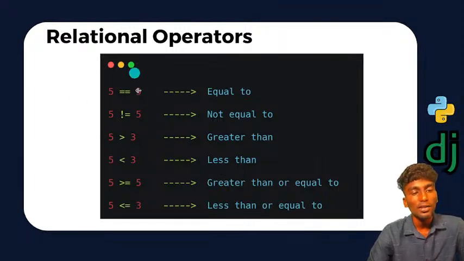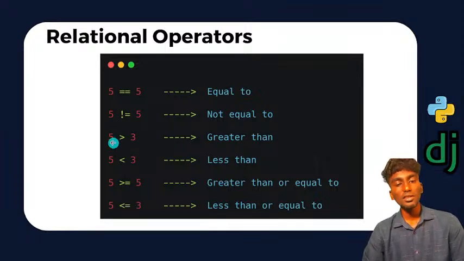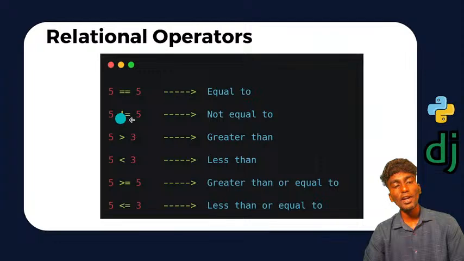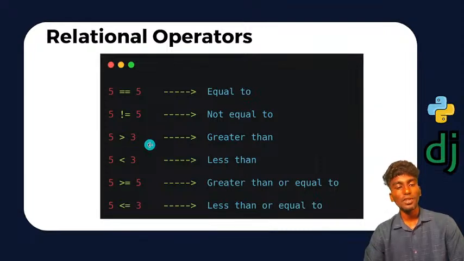The third one is the greater than symbol. In the first we are just comparing two values, 5 equal to 5. Second, 5 not equal to 5. Third, 5 greater than 3. And fourth, 5 lesser than 3.